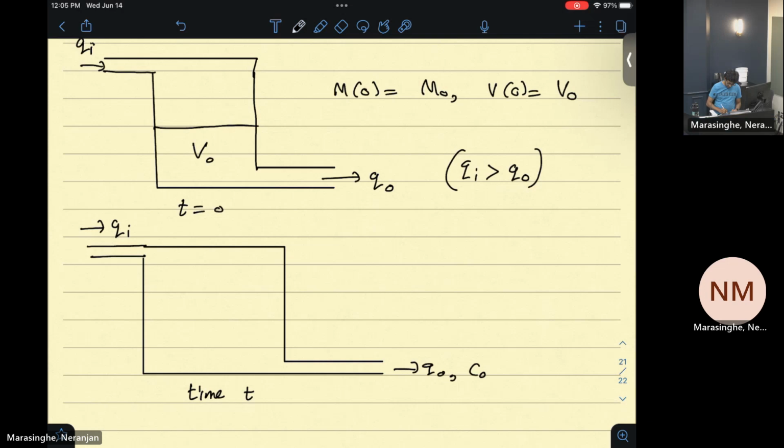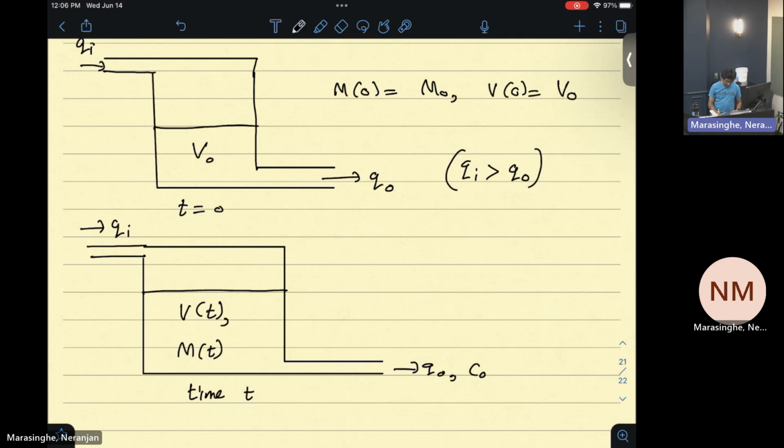So volume is Vt and sugar amount at time t is mt, because initially this tank contains m naught sugar amount, but we are going to dilute that. So the sugar amount in this tank is going to decrease, because we are inputting pure water.